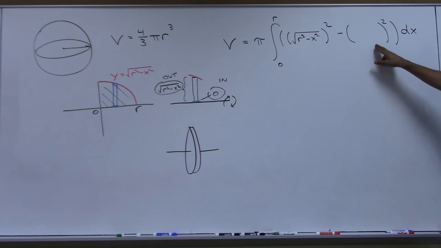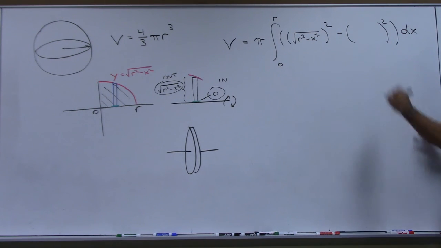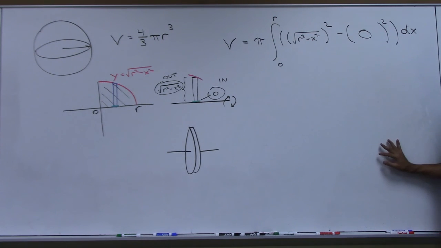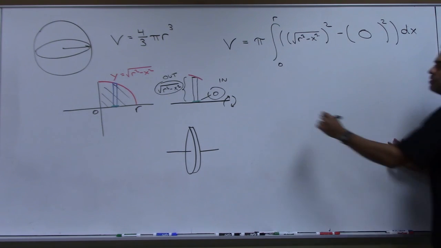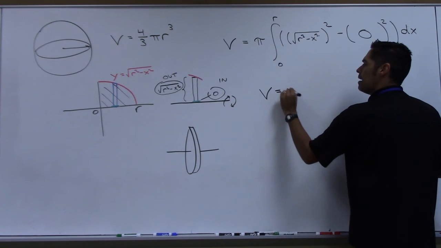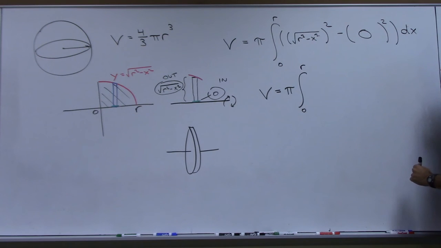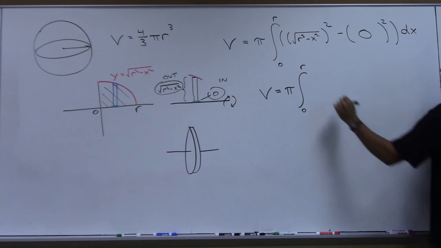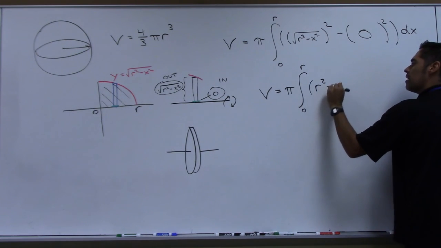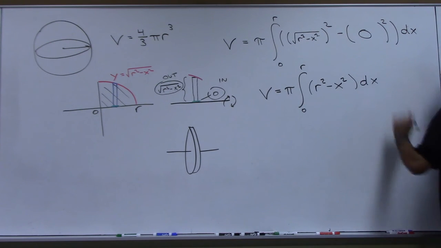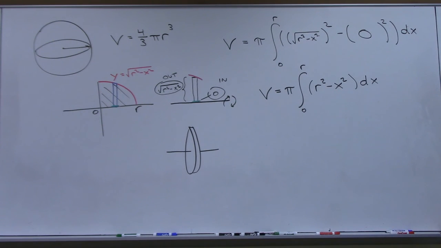And then the inner one, which is 0. That's really nice, isn't it? So the volume is pi times the integral from 0 to r of r squared minus x squared. That's it, right? Because that 0 is gone.